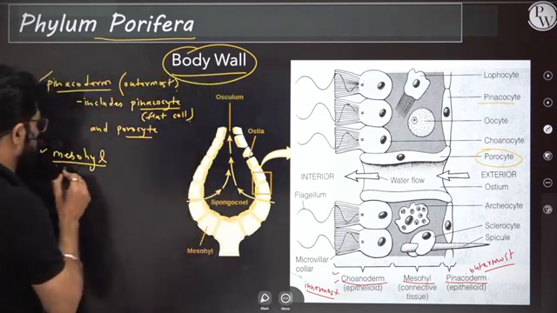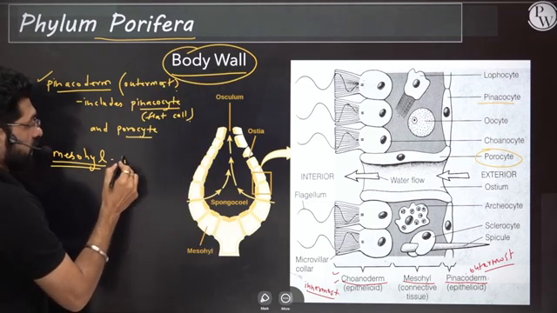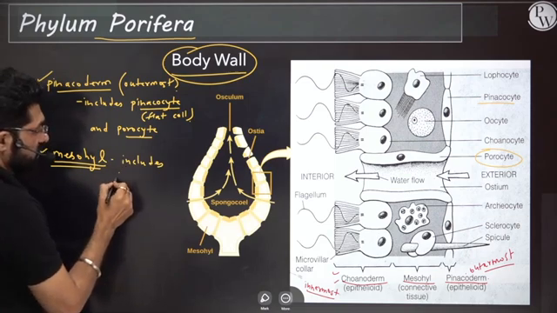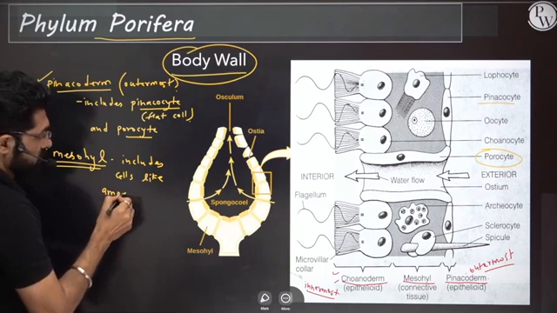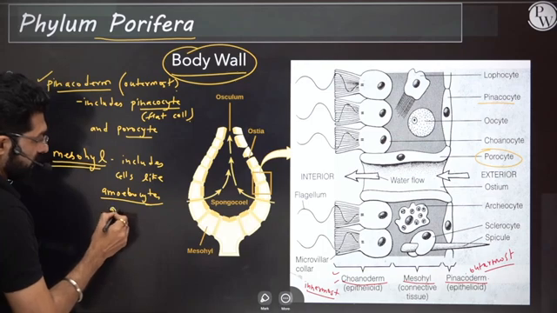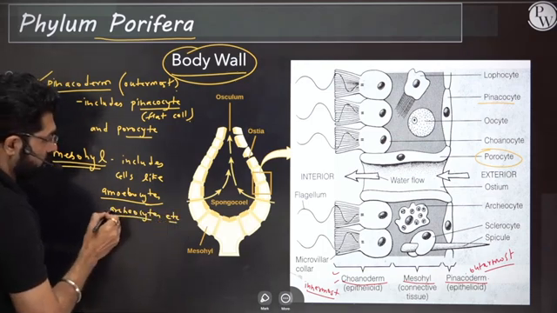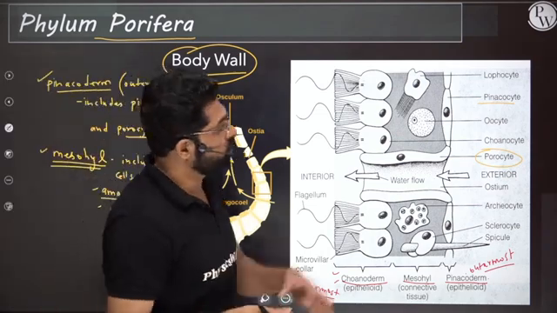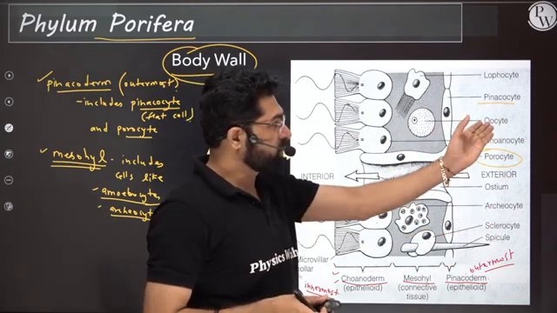They have mesohyl, and the mesohyl includes all the cells like amoebocytes, archaeocytes, trophocytes, thesocytes, lophocytes, sclerocytes, oocytes.